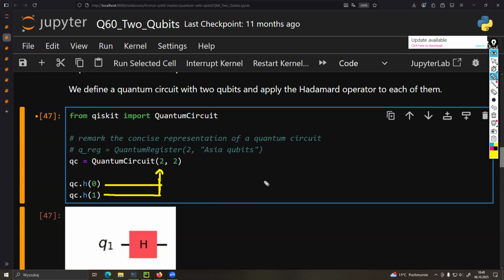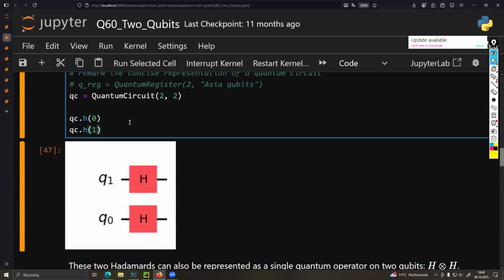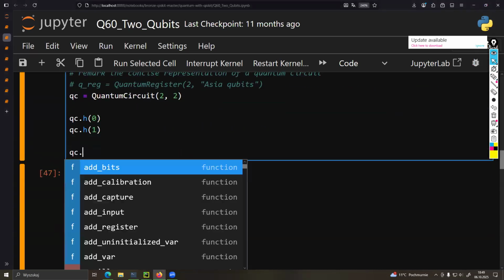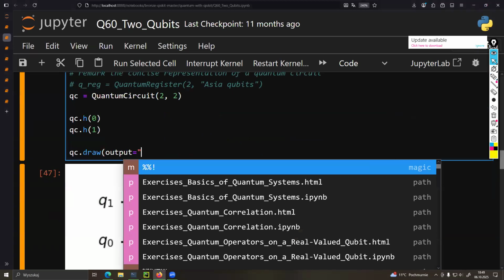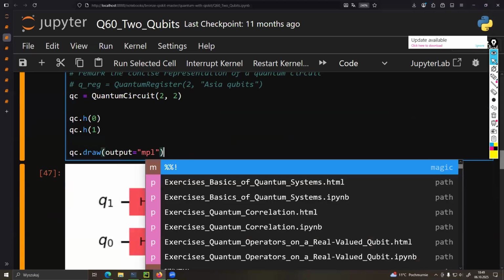So these two indices will get, as you can see in the picture, this picture is left over from the previous instance of the program. So now I can say again qc.draw, and then I can say output mpl, which is output matplotlib.